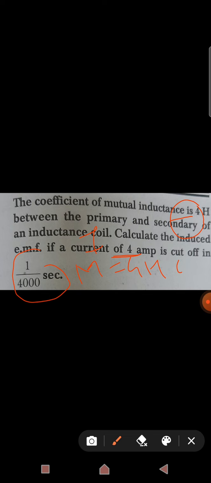Mutual inductance is given, and what we have to calculate is the induced EMF. So E = M dI/dt is the formula. Remember, EMF you have to calculate, M is given, dI is given and dt is given. So we should divide dI and dt to get the value of dI/dt, then we can apply the formula.